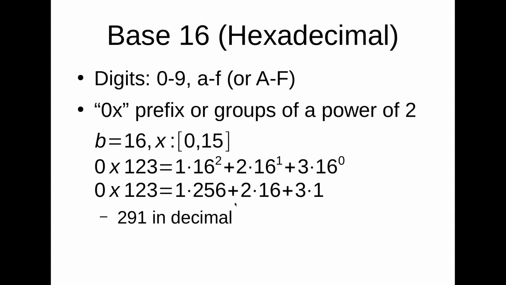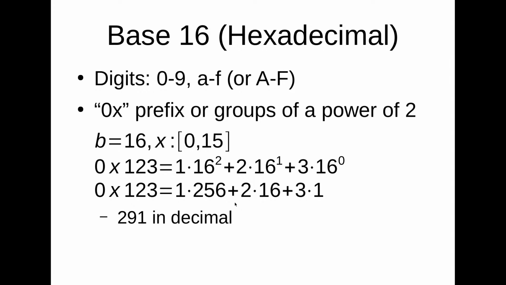And another commonly used base, especially with computer stuff, is base 16 or hexadecimal. It has the digits 0 through 9 and A through F, A through F being representations of 10, 11, 12 through 15. These are generally either a 0x prefix, or they're just going to be in groups of a power of 2, so it'll be like 2 digits or 4 digits or 8 digits.